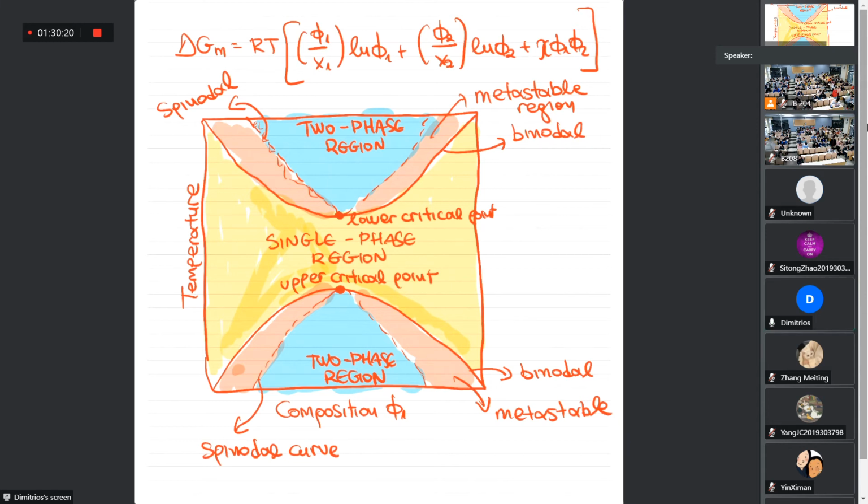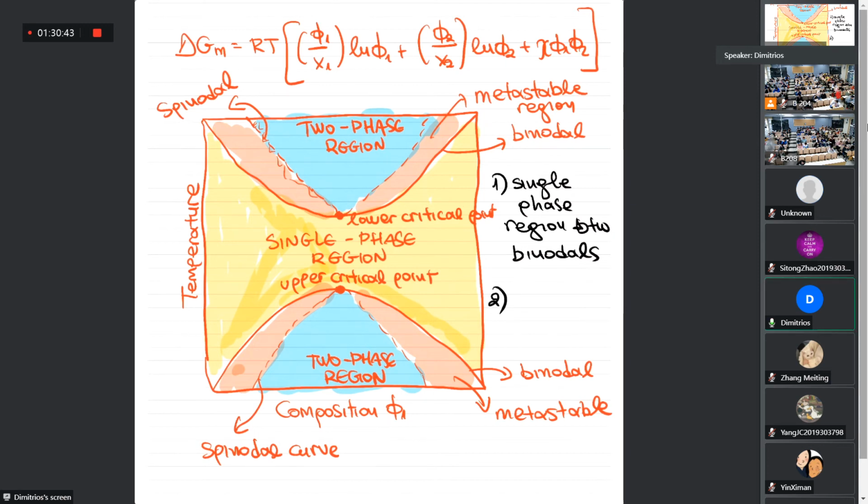The most interesting parts are, as I said, that we have, first, a single phase region between binodals.